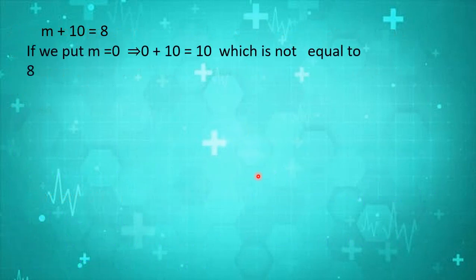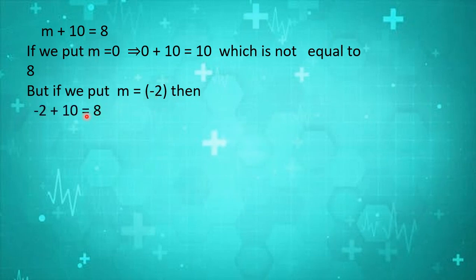Now if you put the value of m as 0, it becomes 0 plus 10 is equal to 10, and on the right hand side it is given 8. So 10 and 8 are not equal, so we can write 10 is not equal to 8. But if we put m equal to minus 2 here, what do we get?